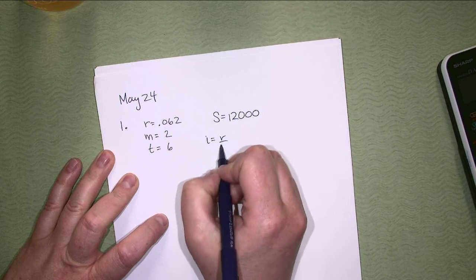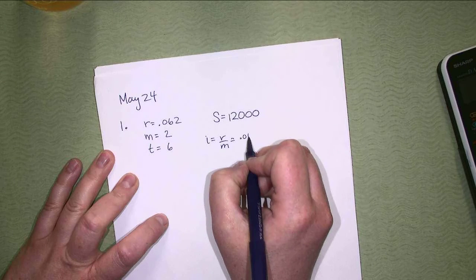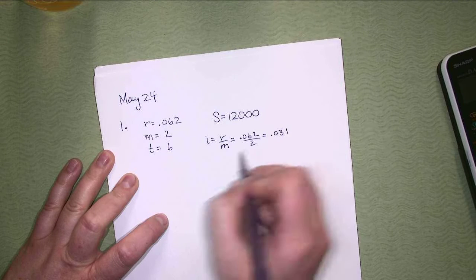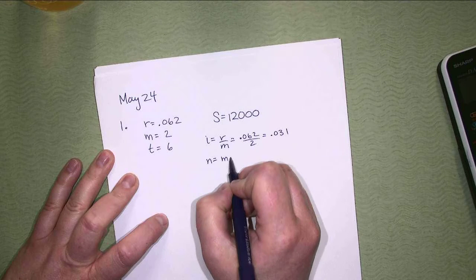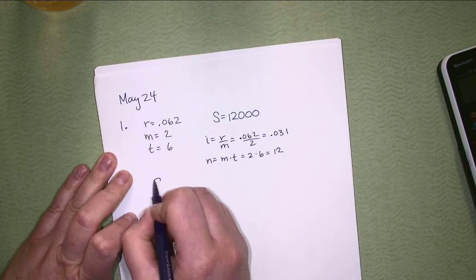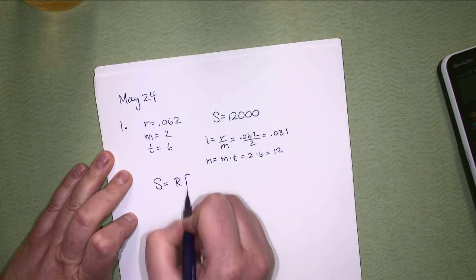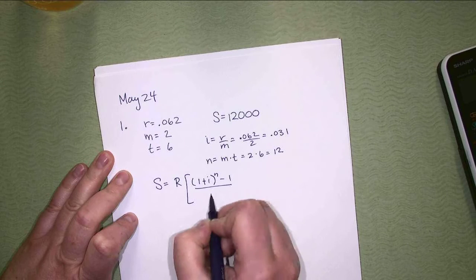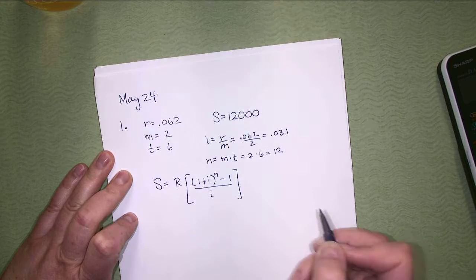I is R divided by M. And N is M times T. I give you a mark for writing the right formula down. There.